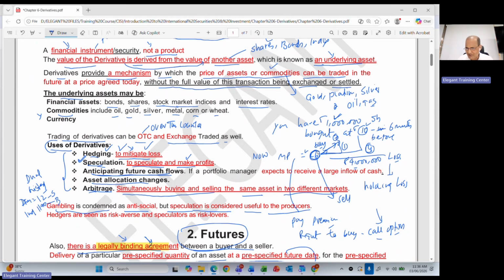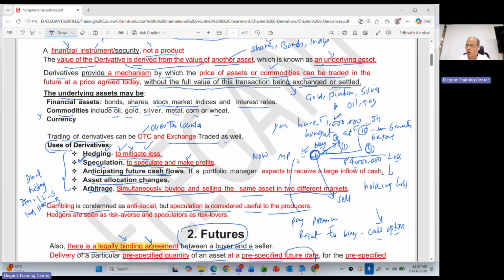So you can book at 6 dirhams and in future, meaning not a future contract, but at the expiry date, right? Every contract, whether it is an option or a future, has an expiry date. So within the expiry date, if you feel you want to buy, you can pay 6 dirhams and take delivery.